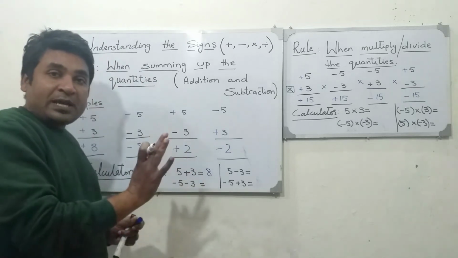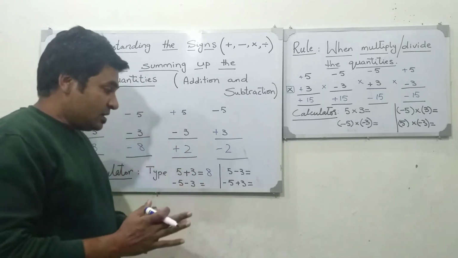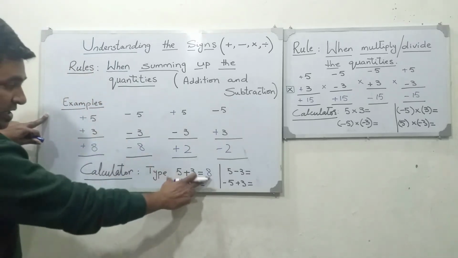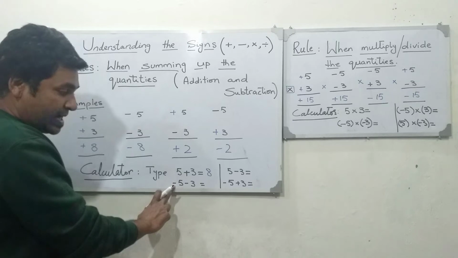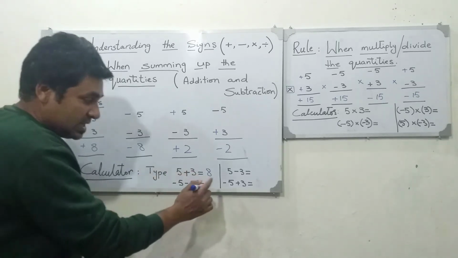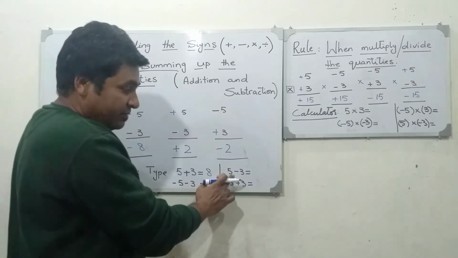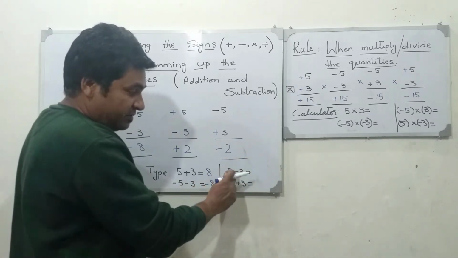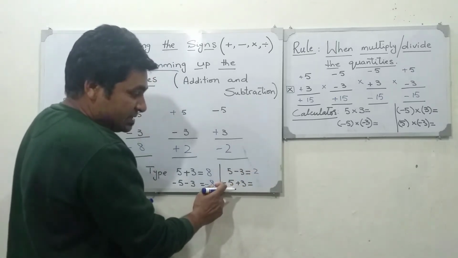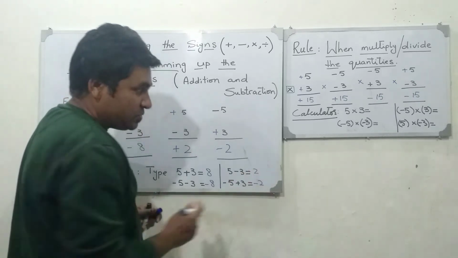As it is, you have to type the numbers. You are not going to use any bracket or any other sign. Simple. 5 and 3, 8. You have to type -5 and -3. No other sign. You will get the answer -8. Here type 5, that is positive, and -3, you will get the answer 2, and type -5 plus 3, you will get the answer -2.